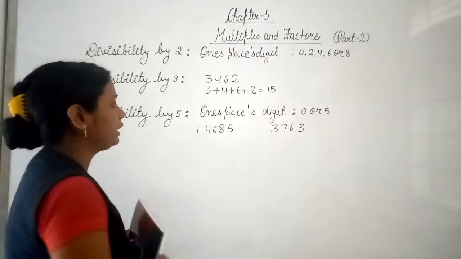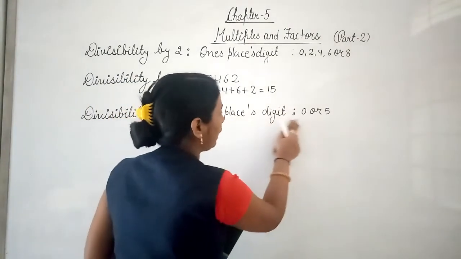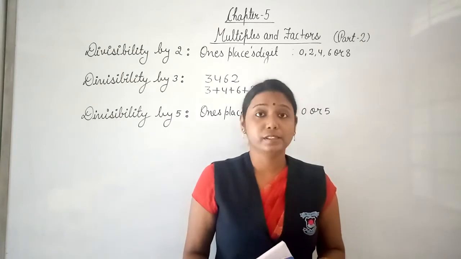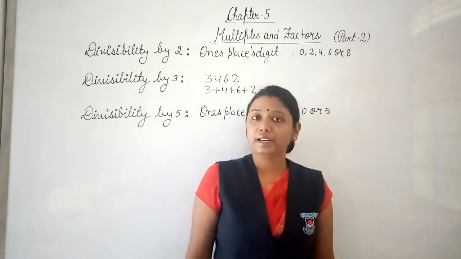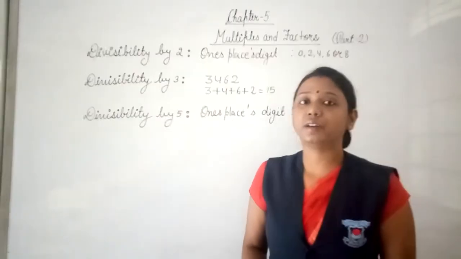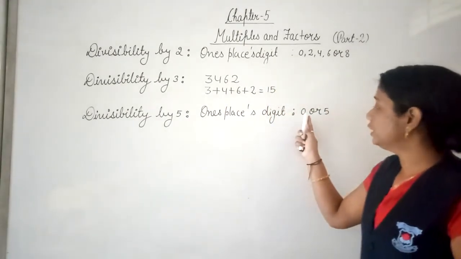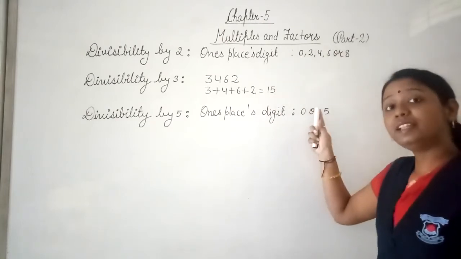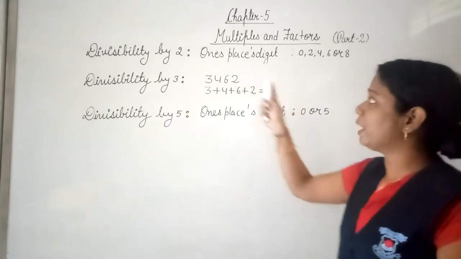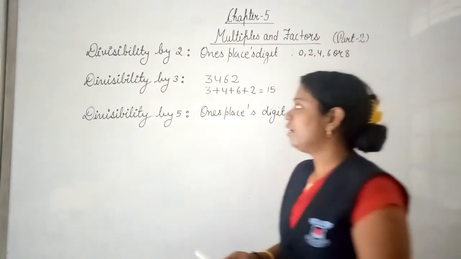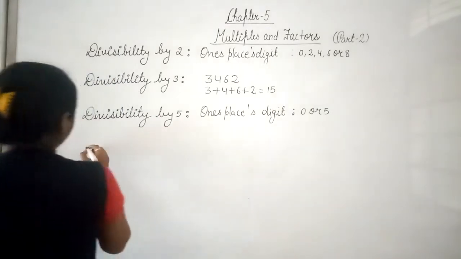So here we can simply answer just by observation. If the ones place digit is 0 or 5, then that number will be divisible by 5. You can see one more thing here. If the digit at ones place is 0, then that number is divisible by 2 and 5 both. Now let us move on to the next divisibility.